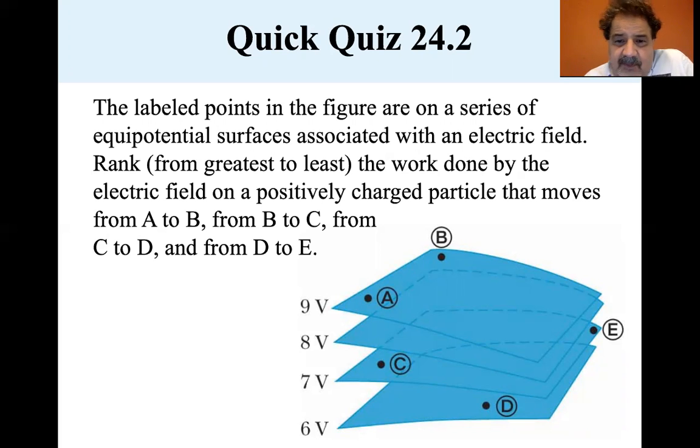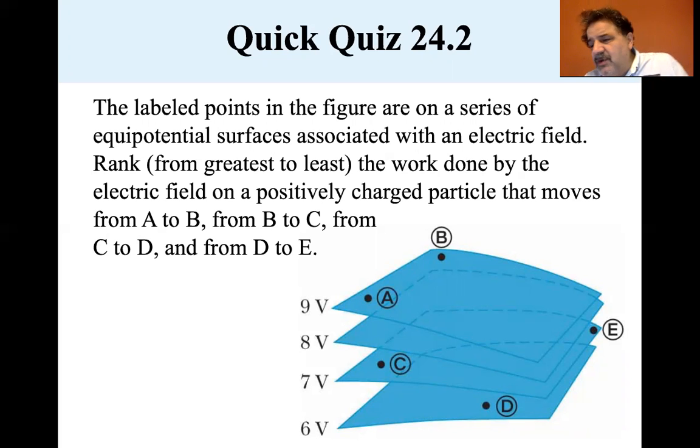Okay, so let me see what I've got written here. A to B, they're on the same potential surface. The surfaces are 9 volts, 8 volts, 7 volts, and 6 volts. Those are equipotential surfaces. And so A and B are on the same surface, so it's 0. Now, B to C, you have 7 volts minus 9 volts.